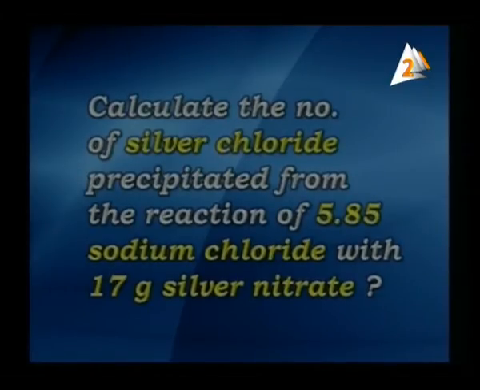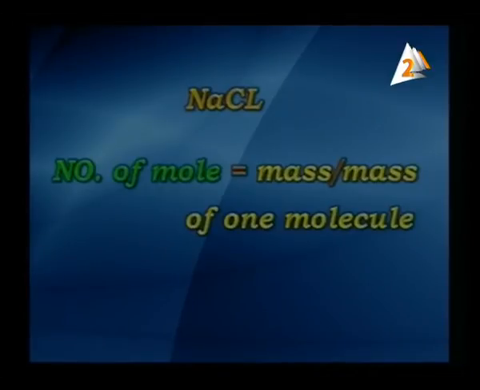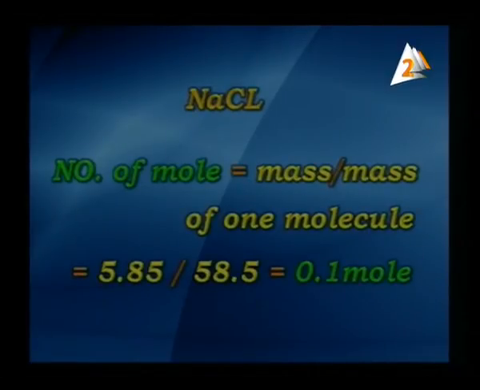Calculate the mass of silver chloride that precipitates from this reaction: 5.85 grams of sodium chloride with 17 grams of silver nitrate. We must write the equation first. So we have NaCl. Its number of moles equals the mass divided by the molar mass, 5.85 divided by 58.5, equals 0.1 mole.